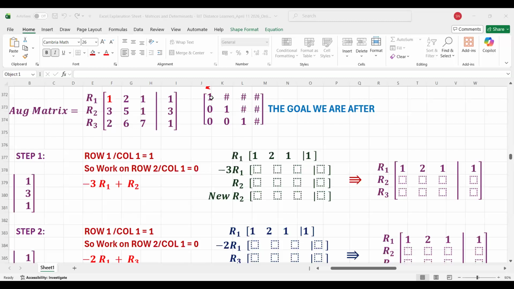The first value in your matrix, row 1, column 1. Look at it. Column 1 in the original matrix is 1. Are you okay? Yes, sir.